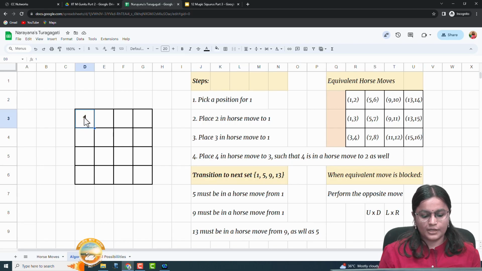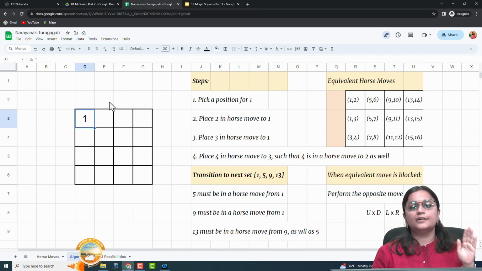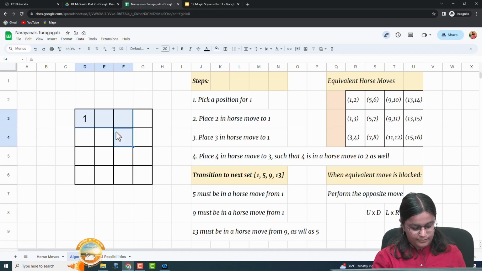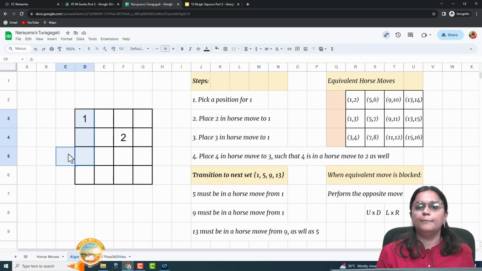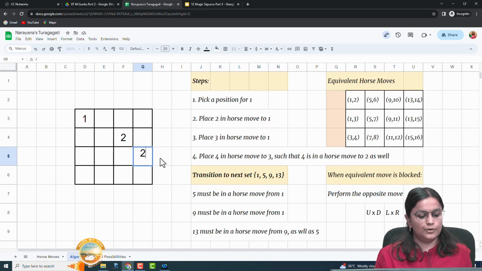Now let's begin. The first step is we pick a position for 1. Let us say this is the position we pick for the number 1. Since 2 is the next number in our sequence and it must be in an equivalent horse move with 1, we will try seeing where all the placement of 2 is possible. Now if we start from here, we can place 2 in this particular square. If we go downward, we can place it here. This wraps around and gives us this particular position for the number 2.